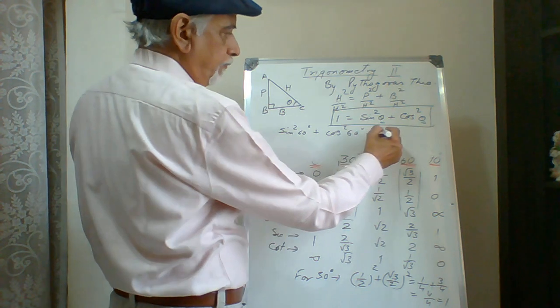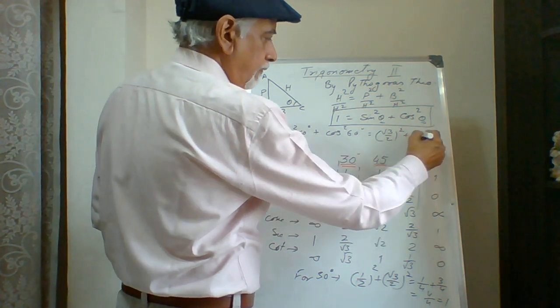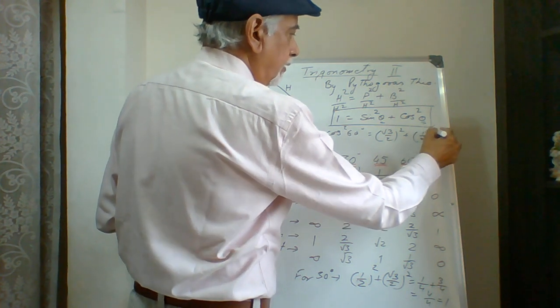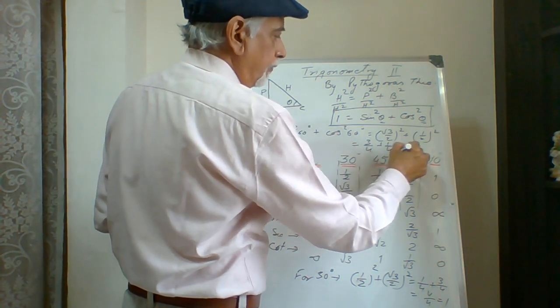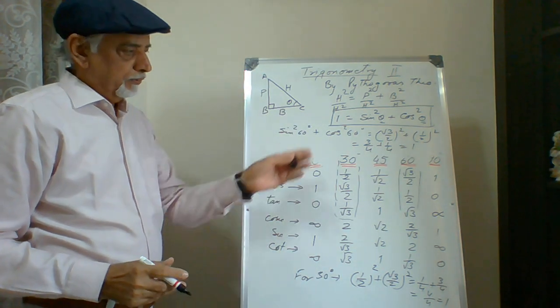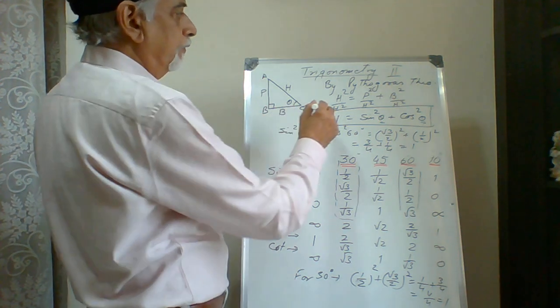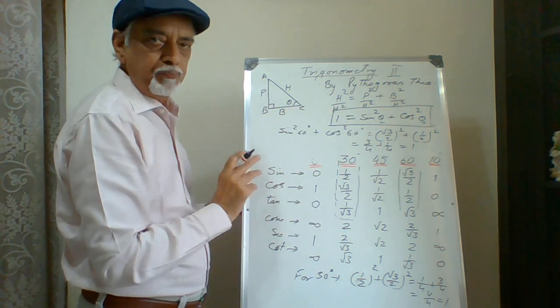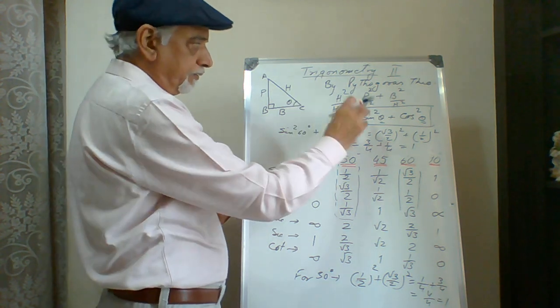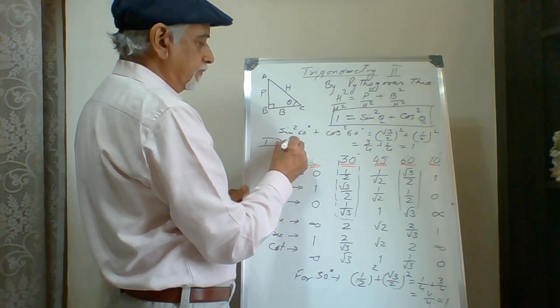Sine square is root 3 by 2 whole square plus half whole square. It will again become 3 by 4 plus 1 by 4, which is 1. You can apply it and check anywhere. That is why it is called an identity. No more theorem or equation. Equations are separated by an equal sign, but here in trigonometry, these types of formulas we call identities.